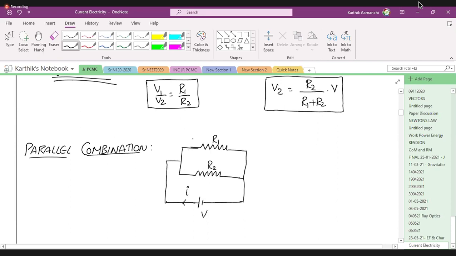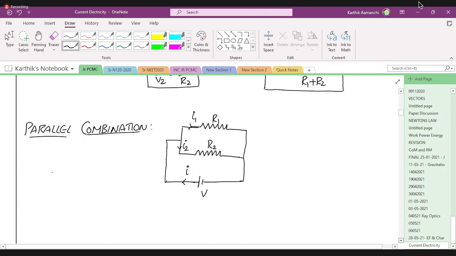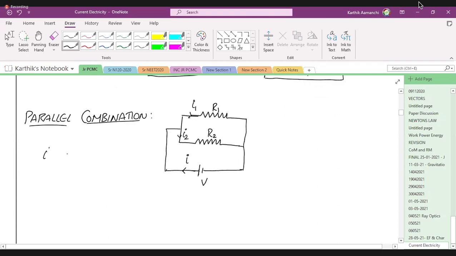Let me say there is a current I1 going into this and a current I2 going into this. So your total current is the combination of individual currents. So V by R effective is equal to V divided by R1 plus V divided by R2, so 1 by R effective is equal to 1 by R1 plus 1 by R2.